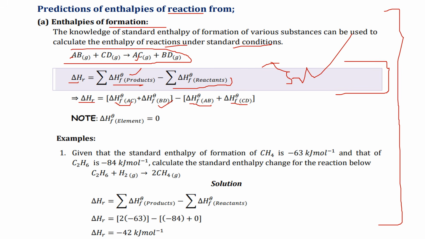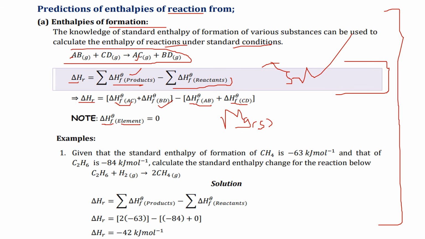So you are going to note that the standard enthalpy of formation of elements is going to be equal to 0, like magnesium. Magnesium is a solid, it cannot be formed. So always, even in the question, they are not going to prescribe them. They are going to leave them undefined. So don't say that they have not given you such values, but you need to understand that all elements that exist in nature, their standard enthalpy of formation is 0, because there's no way you can form them when they exist.